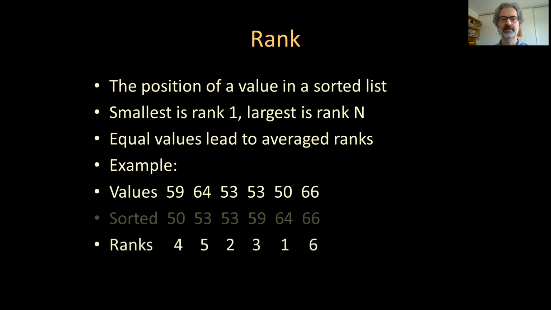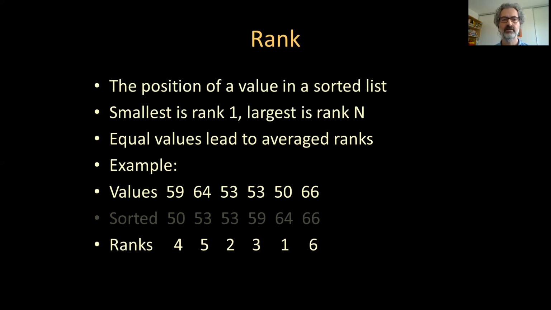So the smallest value, 50, is replaced with the number 1. The next largest is 53 and 53, and these are replaced with the next two ranks, 2 and 3. And so on up to the largest, the 6th value, which obtains the rank 6. So our ranks range from 1 to the number of values that we have.